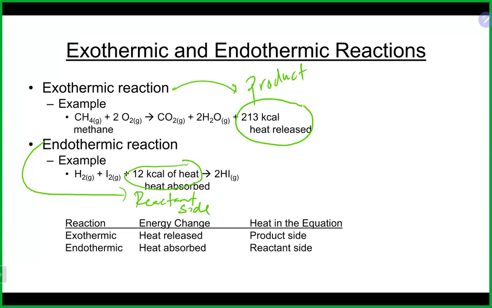I would say 99% of the time, though, you will not see it written right in the equation. You will have the equation, and next to it they'll say the delta H is negative with a number, or the delta H here is positive. That's probably 99% of the time how you'll be given the energy component of a chemical equation or reaction, as a delta H value.